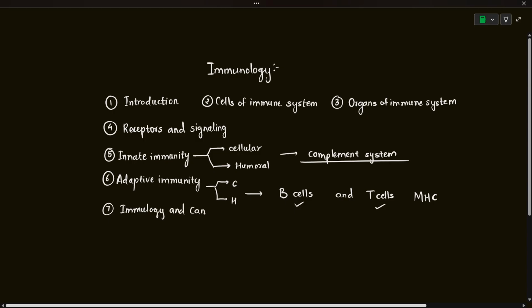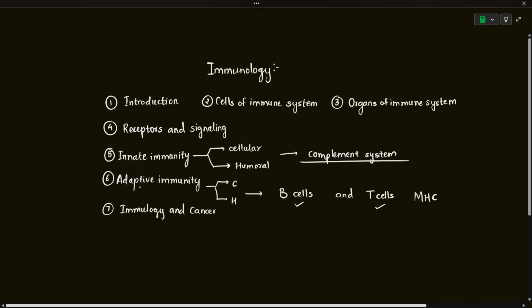Okay, so in the cancer biology series, I did not discuss the evasion of the immune system by the tumor cells, because I thought it would be better to discuss it here, because here I will be covering the basics of the immune system as well. So you will be able to understand this concept better.